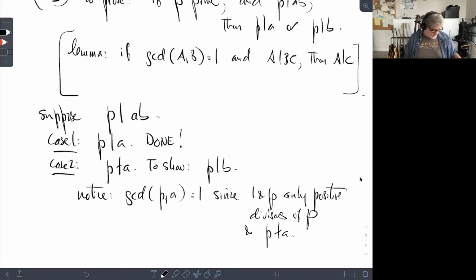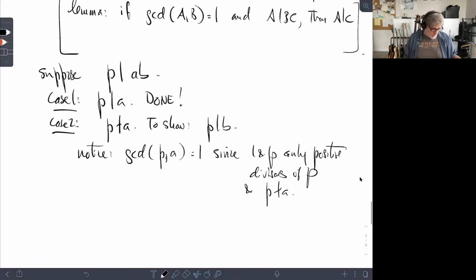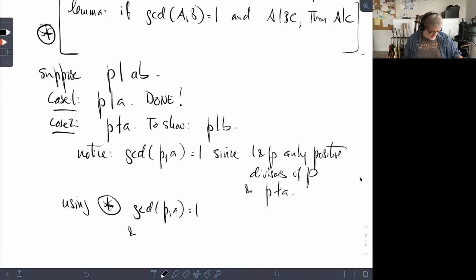Okay? So using the lemma, the GCD of P and A is 1, and P divides AB. If you apply the lemma, it says that P must divide the other guy. And we're done.